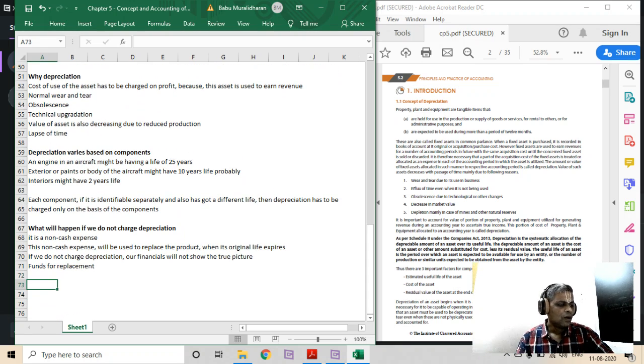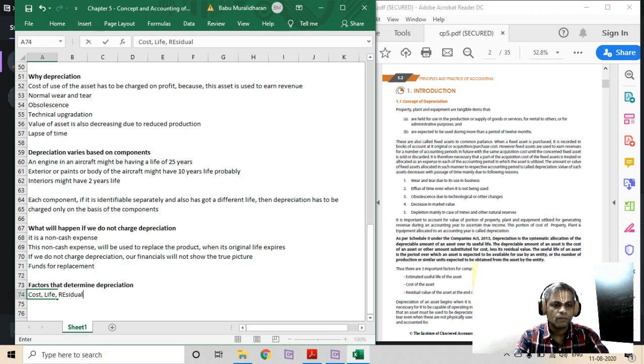Now, what are the factors that determine depreciation? One is the cost. The next one is the life of the asset. The third one is residual value. Cost, life of the asset, and its residual value or scrap value that is available, right?